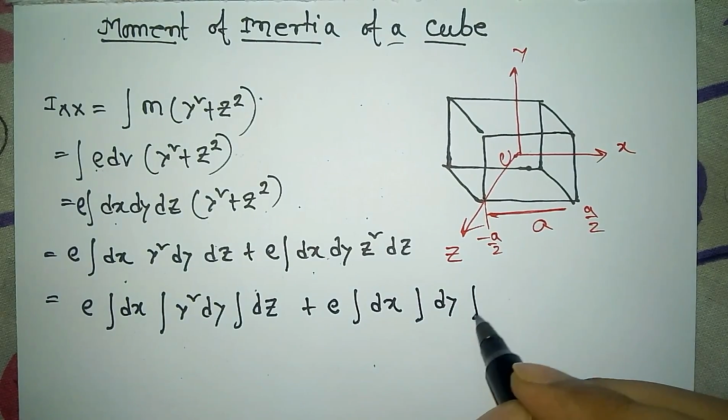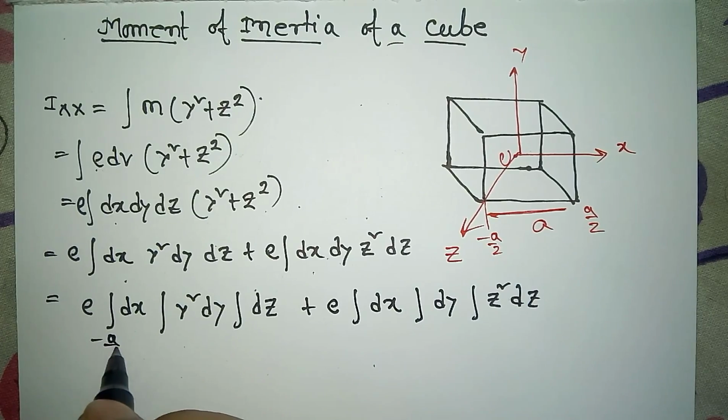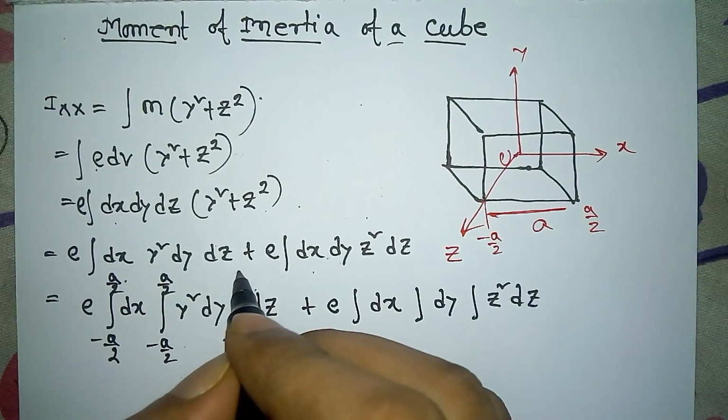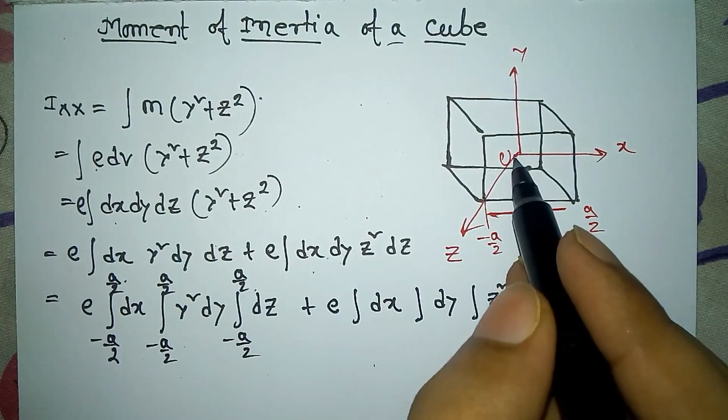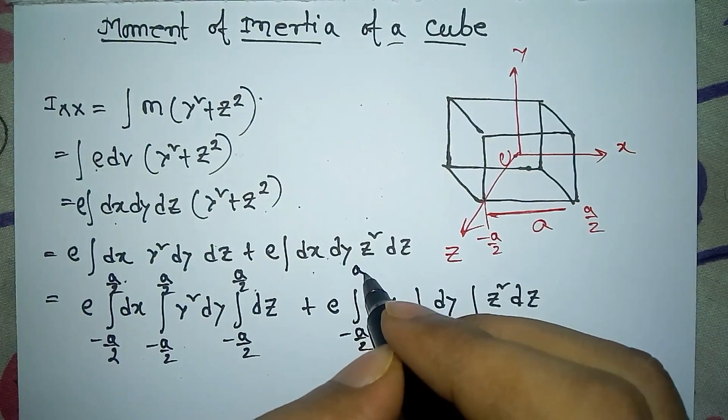The limits are minus a by 2 to plus a by 2 for each integral, as we take the origin as the center of the cube. Similarly, minus a by 2 to plus a by 2.